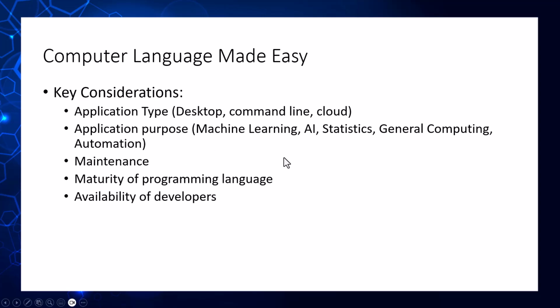So as I mentioned, just some key considerations: the application type. Is this a desktop tool? Is this a command line tool? Is this cloud? Is this mobile, so something for the phone? What is the application purpose? Is it machine learning or AI, statistics, general computing, automation?